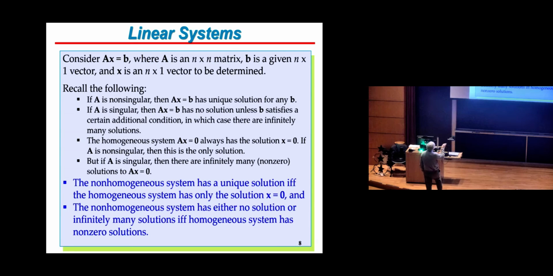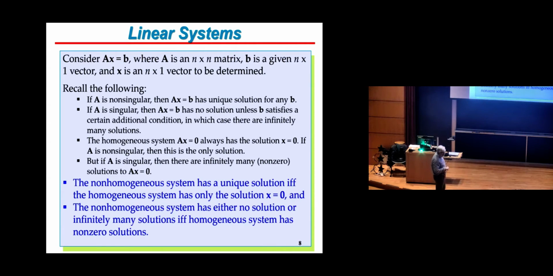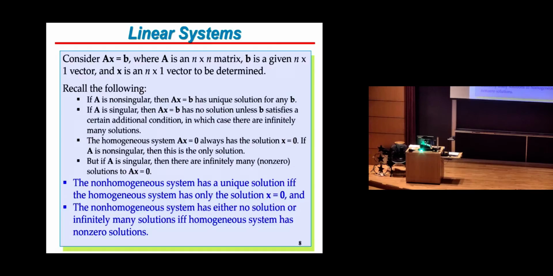Now, for those 2 cases of A being non-singular and A being singular, let's look at the non-homogeneous problem. If A is non-singular, AX equal to B has a unique solution. And if A is singular, AX equal to B may have no solution at all if B is not in the column space of A, or it may have infinite solutions. So this relation that you see here between the homogeneous problem AX equals 0 and the non-homogeneous AX equal to B would be exactly the same for boundary value problems.